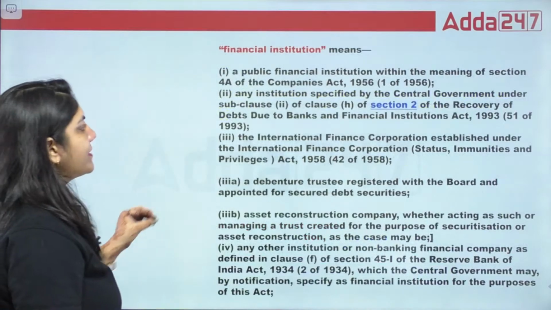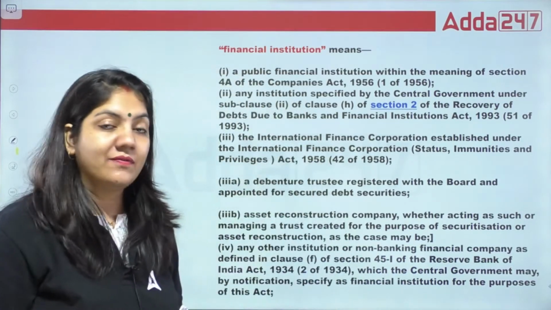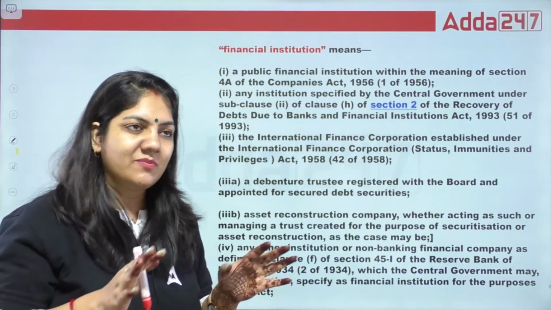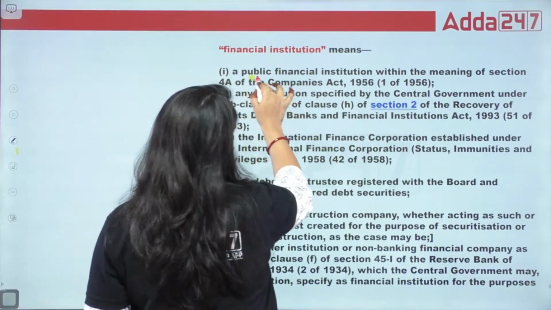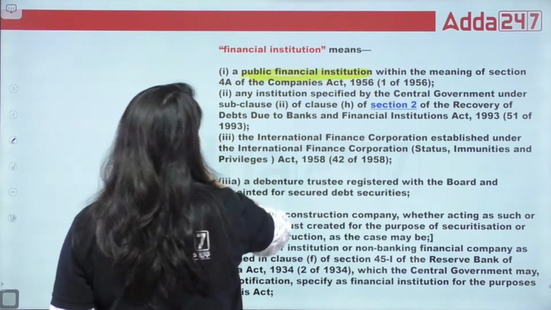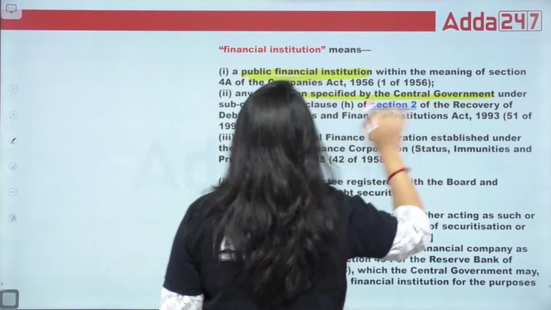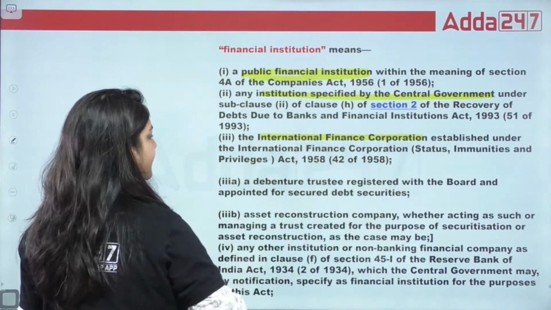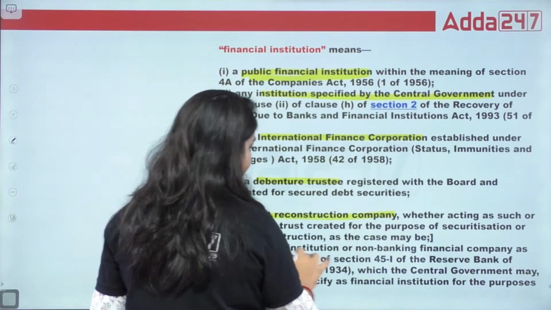Next, what is a financial institution? From a financial institution, we just demand money, we just take a loan, right? And a financial institution takes so much interest, right? So that's why we basically prefer the bank. So financial institution means a public financial institution, an institution specified by the central government, an international financial corporation established under this, a debenture trustee, an asset reconstruction company, or any other institution.